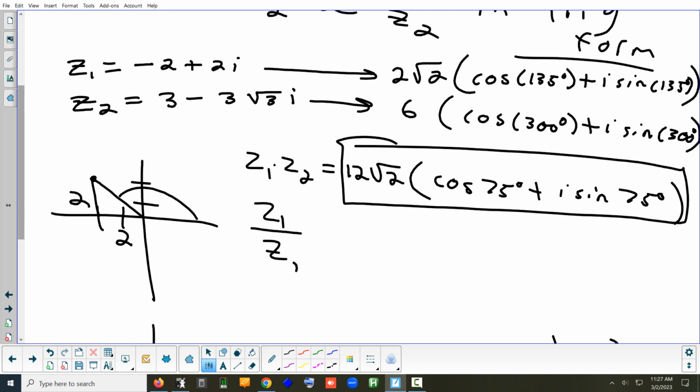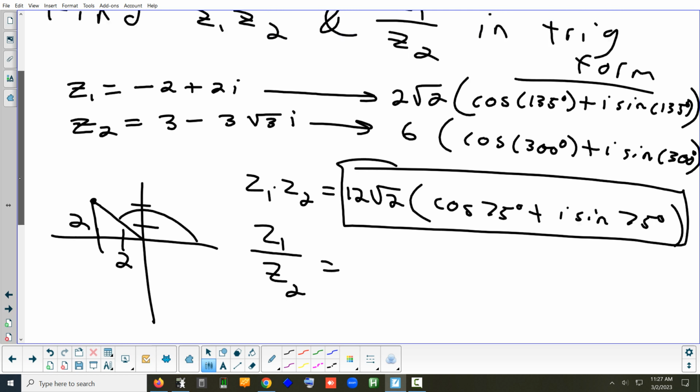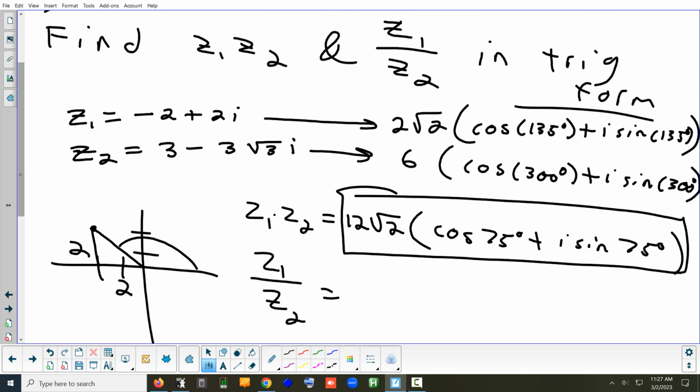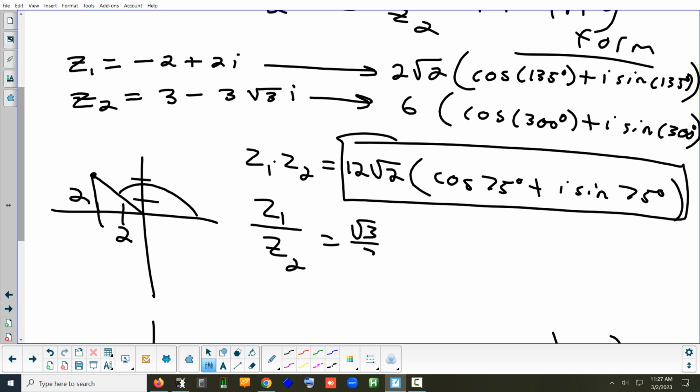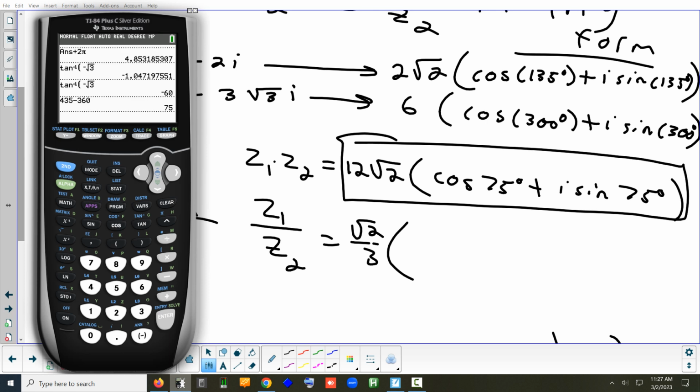And the quotient. What's going to be my radius when I divide those two? Root 2 over 3. And how do I get my angle?